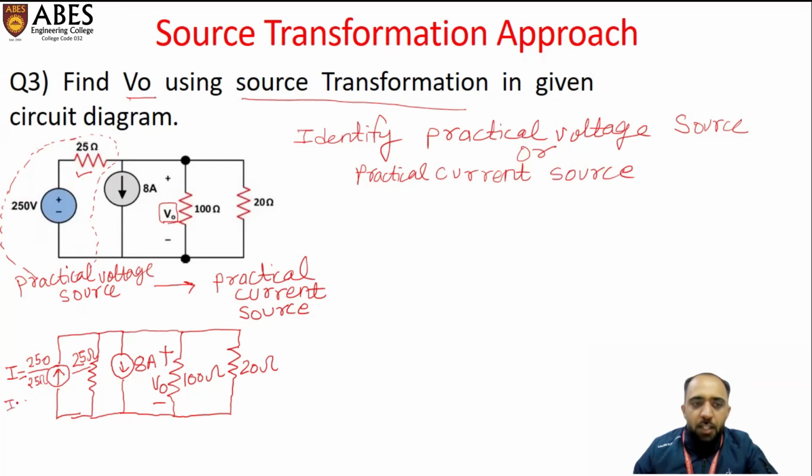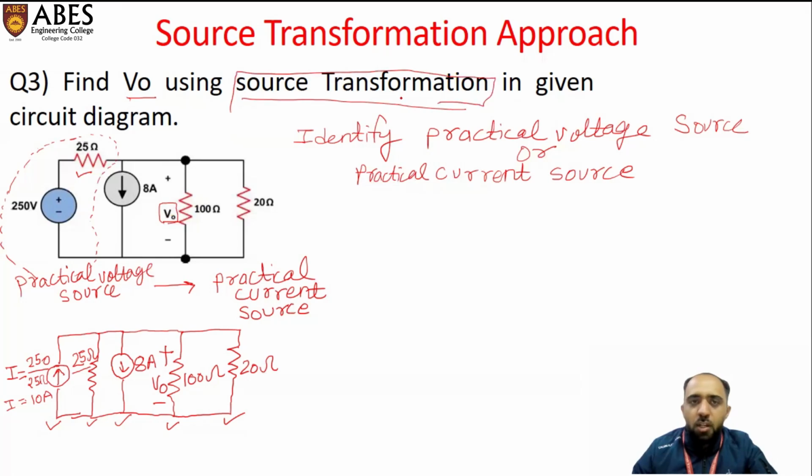So now I am writing here the value of current source will be 10 ampere. Now you can check all the elements are in parallel. You can easily check all the elements are in parallel. So our target using the source transformation approach, what was the target?